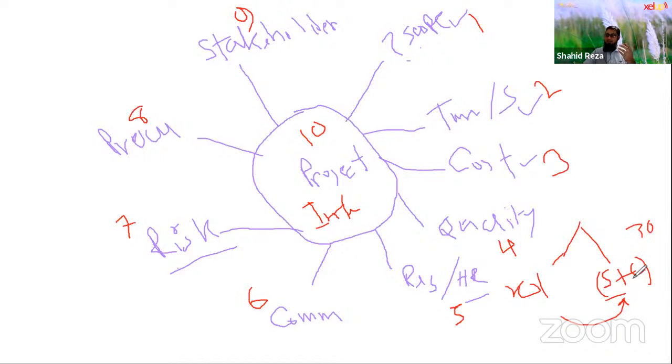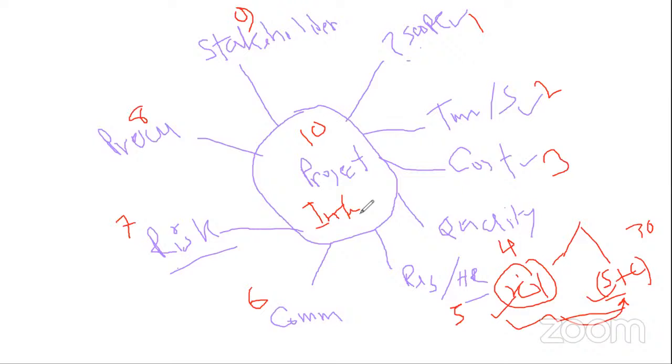You cannot use that. You have to first complete this, then you have to do this, right? So if there is no integration, no coordination among the teams, then you cannot get the result. So integration management is making coordination of all the activities of the project. If you cannot make proper coordination, proper sequencing, proper integration, then you cannot get the result.